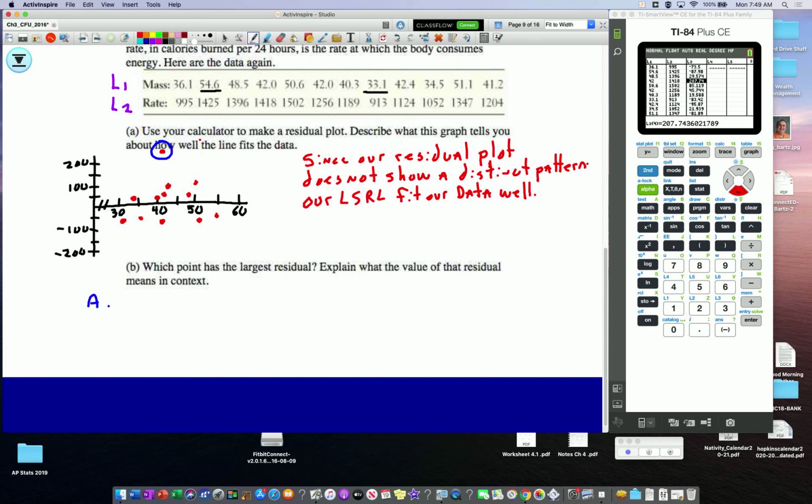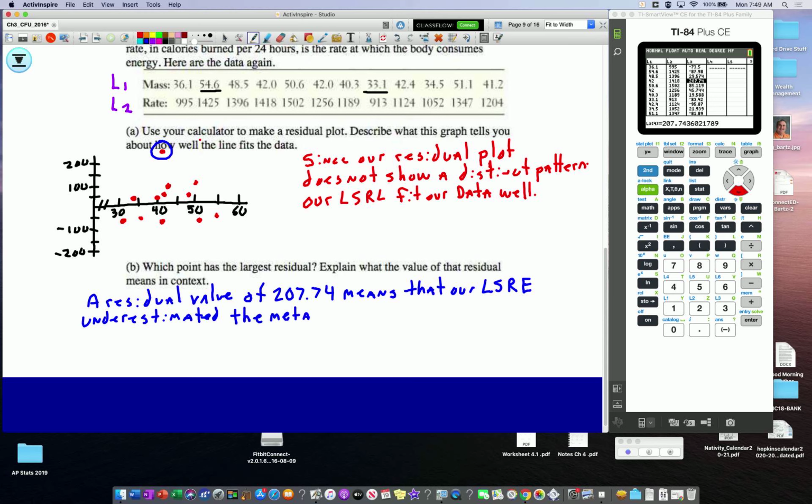So we would say something like this: a residual value of 207.74 means that our least squared regression equation underestimated the metabolic rate by 207.74 calories at the given mass of 42 grams.